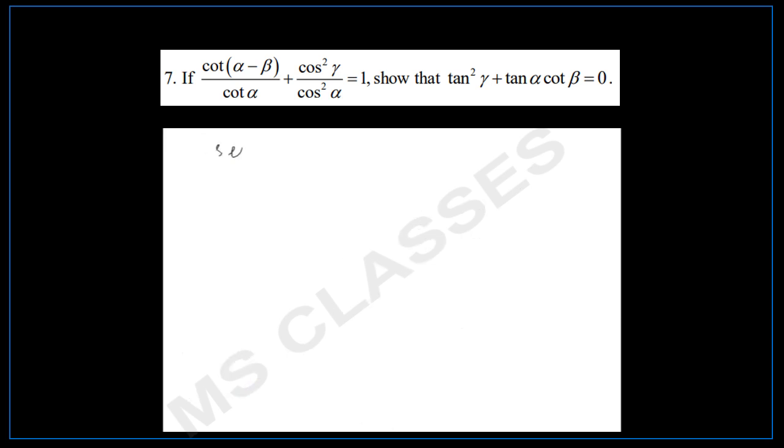It is sec square gamma equal to sin(alpha minus beta) by cos alpha sin beta. Now minus outside: sin alpha cos beta minus cos alpha sin beta, by cos alpha sin beta.